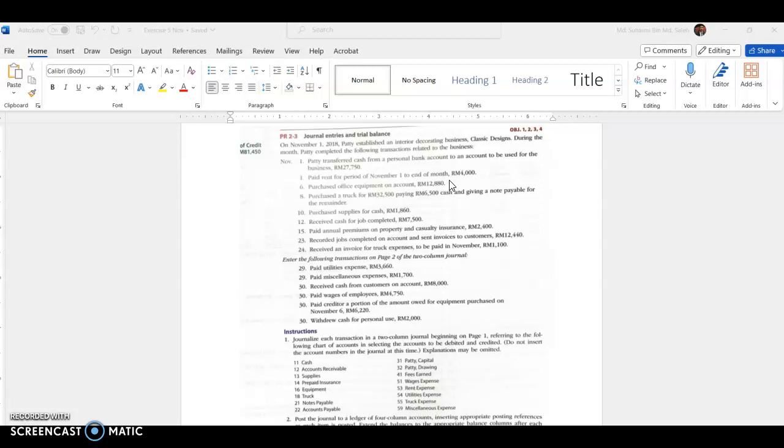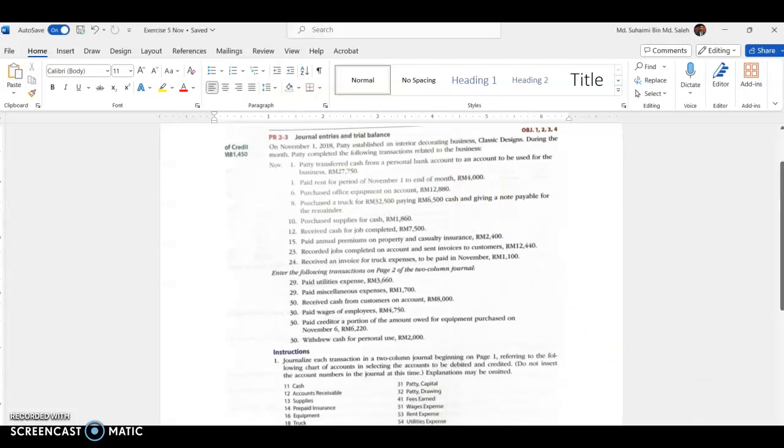So the accounts involved are rent account and cash. So we have to debit rent account 4,000 ringgit, credit cash account 4,000 ringgit. Okay, now let's move to the next transaction.